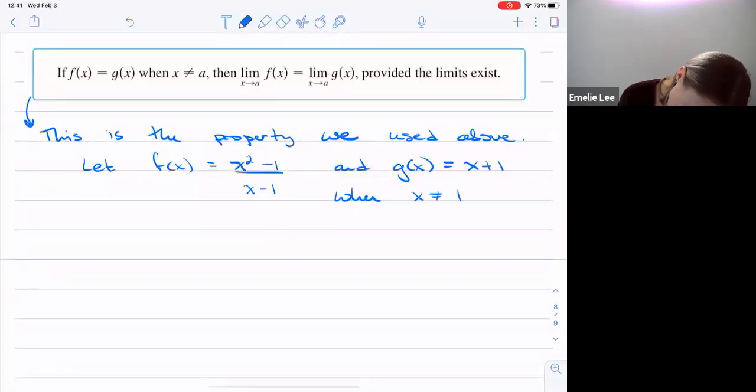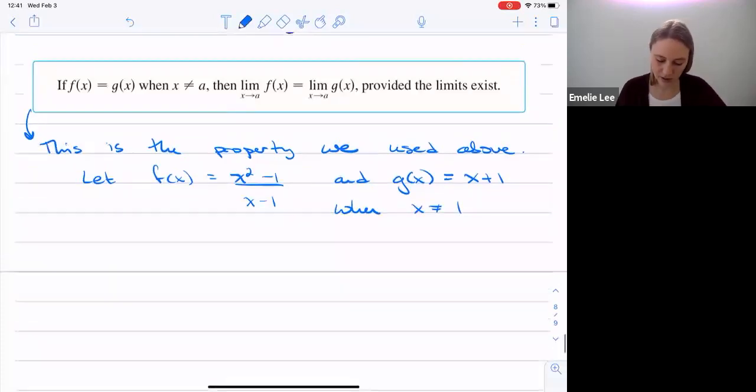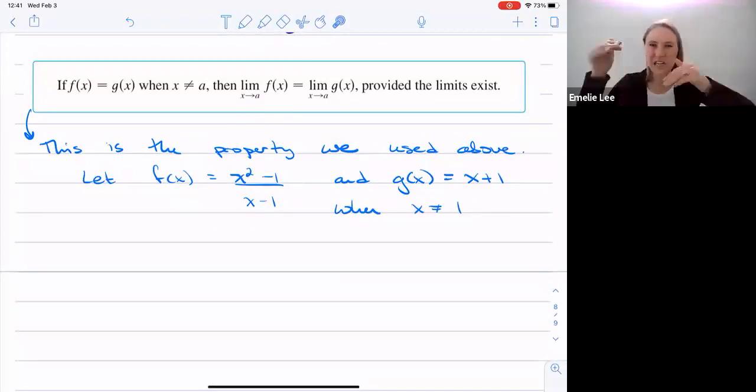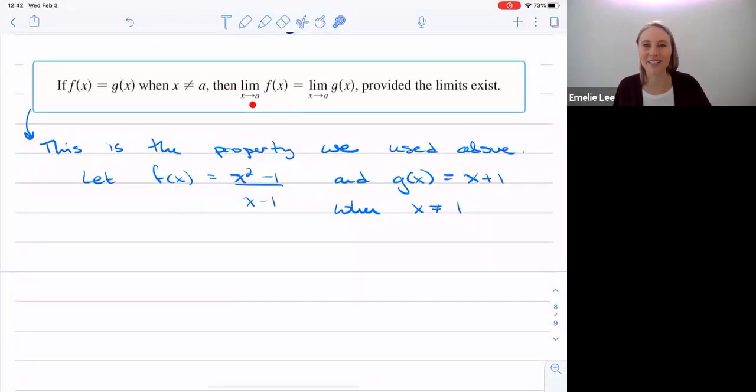So here, we said, well, if I'm taking the limit of this thing and I've changed f of x to be g of x as long as x is not equal to 1, because then it's not in the domain, and that was the problem, so it's kind of a catch-22 here. Then by this property, I can say that the limits are going to be the same.